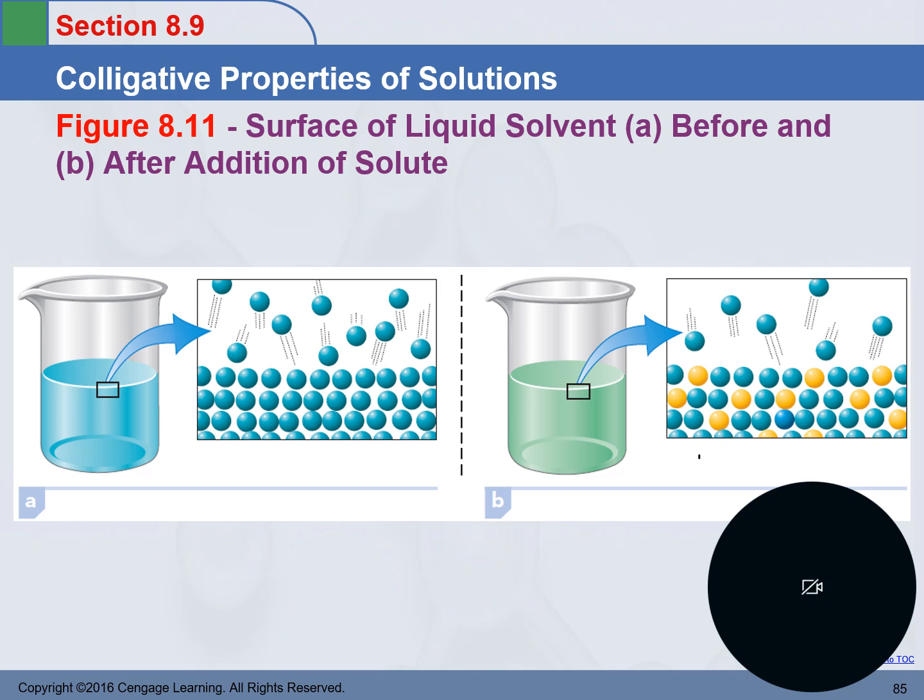So in our first picture here, we have all these molecules that can jump out into the gaseous phase. In our problem over here, we've added some solute, and we don't have as many particles that have access to jumping out of the liquid phase going into the gaseous phase. So hopefully you can see why that would lower our vapor pressure.